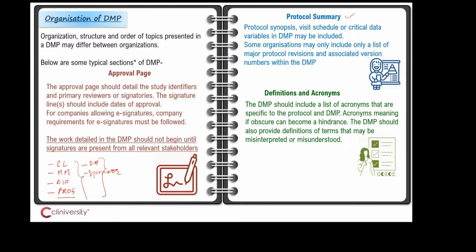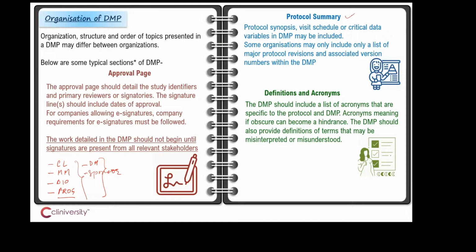Next is definitions and acronyms. The DMP will contain a list of acronyms that are specific to the protocol. And we will see that in the sample DMP example. So these acronyms, like what does DMP stand for, or when they say CRF, what does it mean? And what does CRF mean when it is being mentioned multiple times within the DMP?